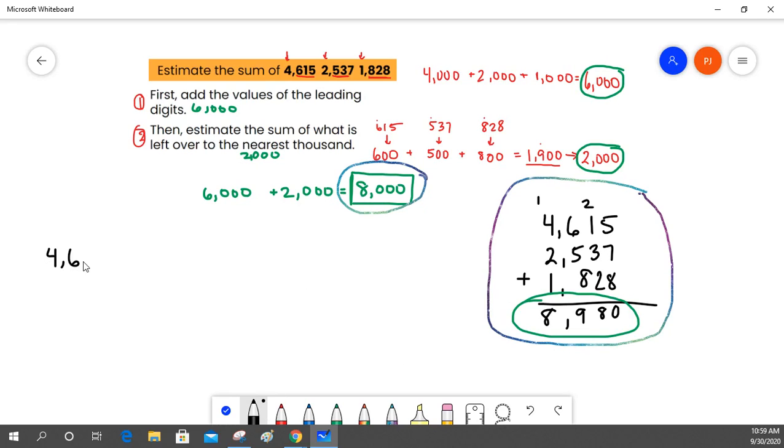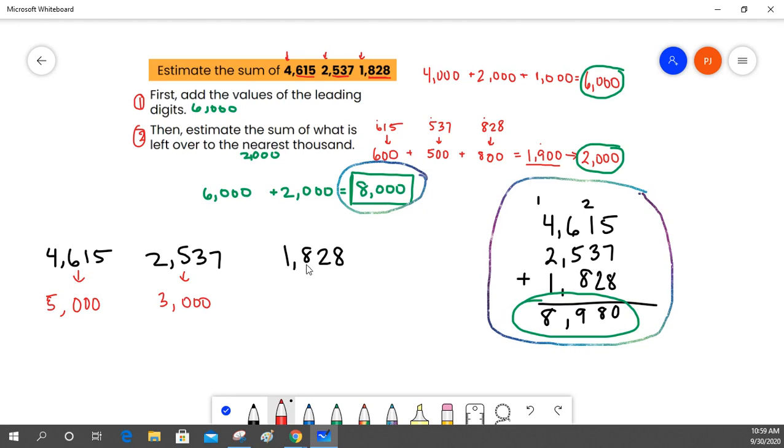Instead of 4,615, 2,537, or 1,828, I'm going to round. So I'm going to say that this rounds to the nearest 1,000, which would be 5,000. 2,537 will round up to 3,000.